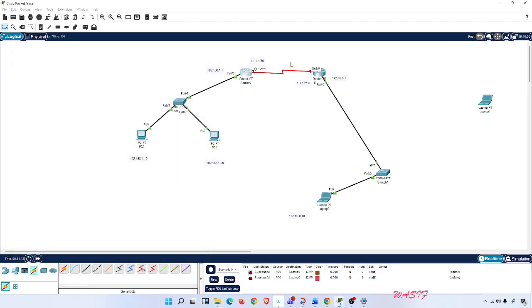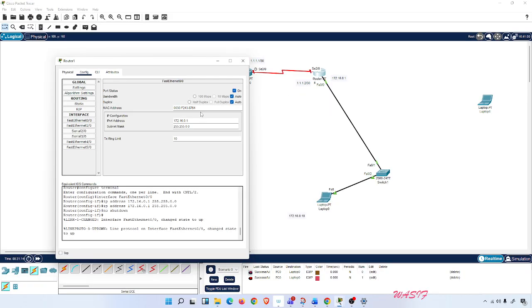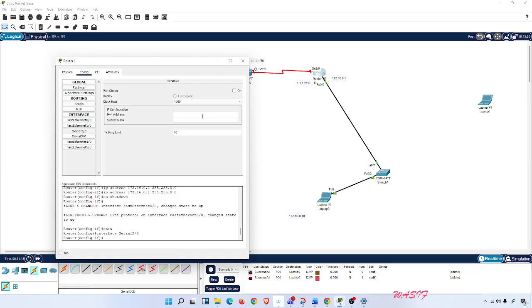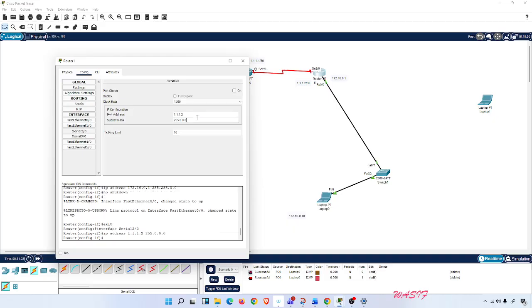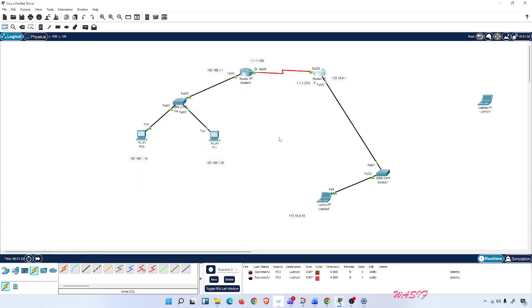And here I need to make it 1.1.1.2 and 255.255.255.252. Turn it on.